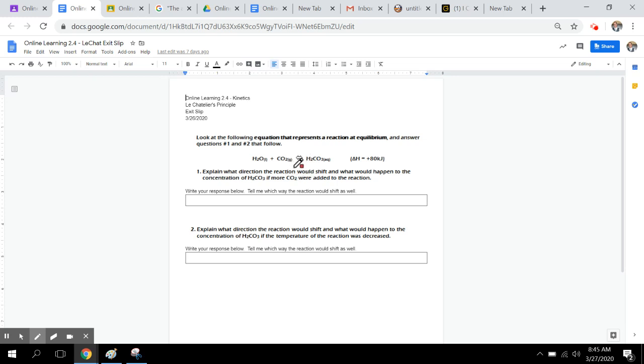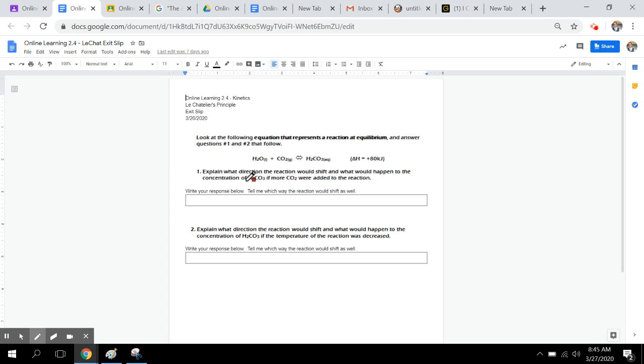All right, so for the exit slip, look at the equation that represents a reaction at equilibrium and answer questions 1 and 2 that follow. We have water plus carbon dioxide forming carbonic acid, and we're being told off to the right here that the delta H is positive. For question 1, explain what direction the reaction would shift and what would happen to the concentration of H2CO3 if more CO2 were added to the reaction.